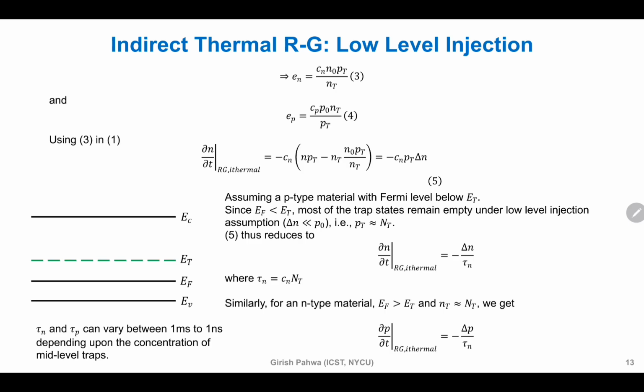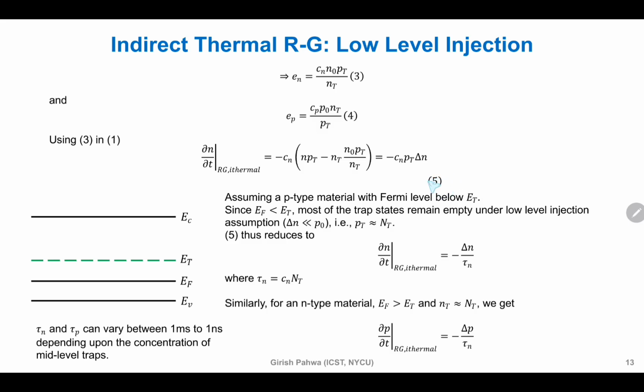Let me equate that number to the total number of states, because PT plus nt is capital NT, and small nt is small, so PT is approximately equal to capital NT. Yes, I am neglecting the number of filled states here, which is very small for a p-type material.